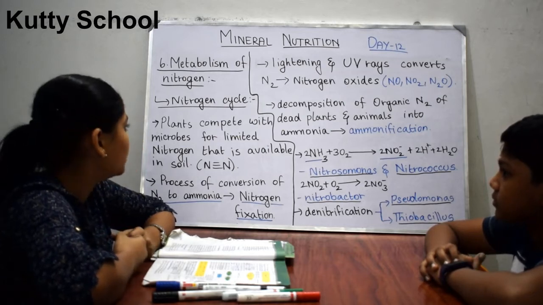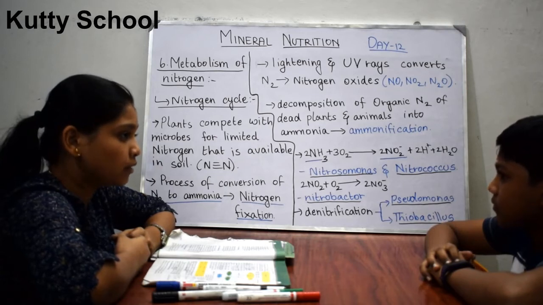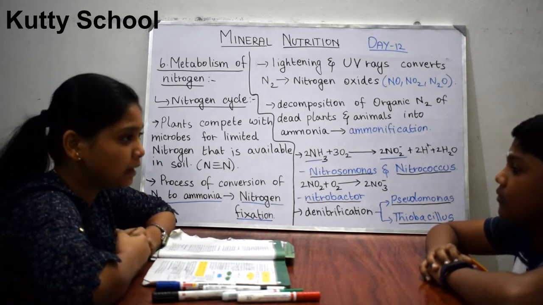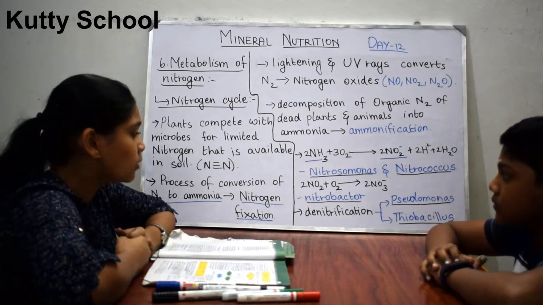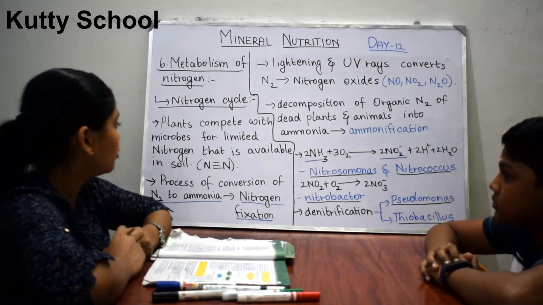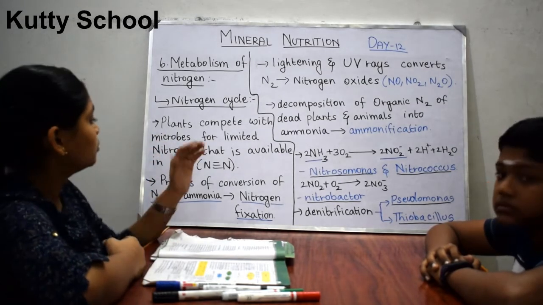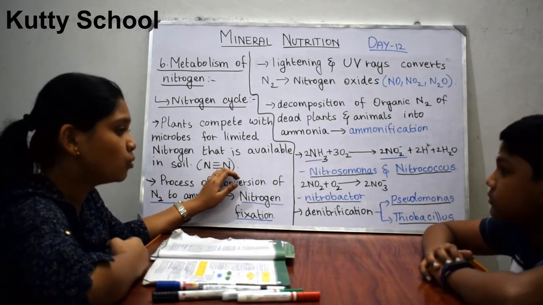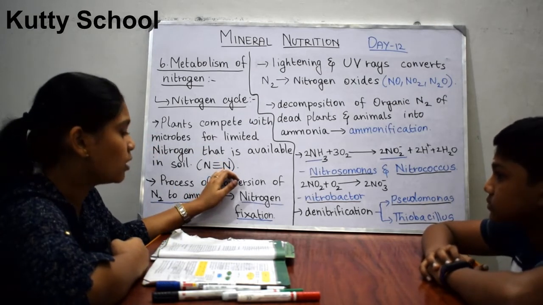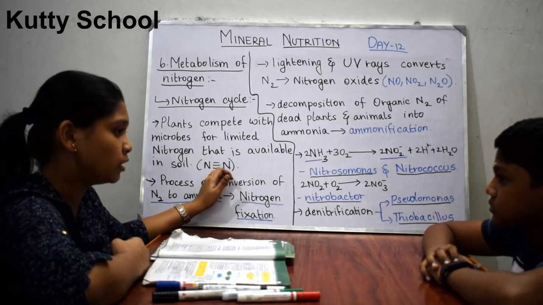In the nitrogen cycle, nitrogen is very limited in the soil, yet plants definitely need it in large amounts, so plants compete with various microbes for the limited nitrogen available in the soil. This nitrogen is N2, composed of two atoms with a very strong triple bond between them.